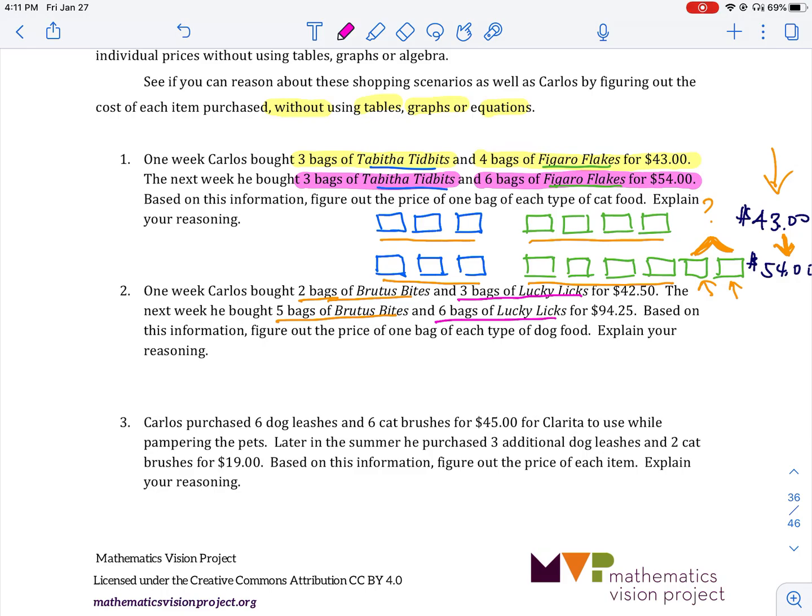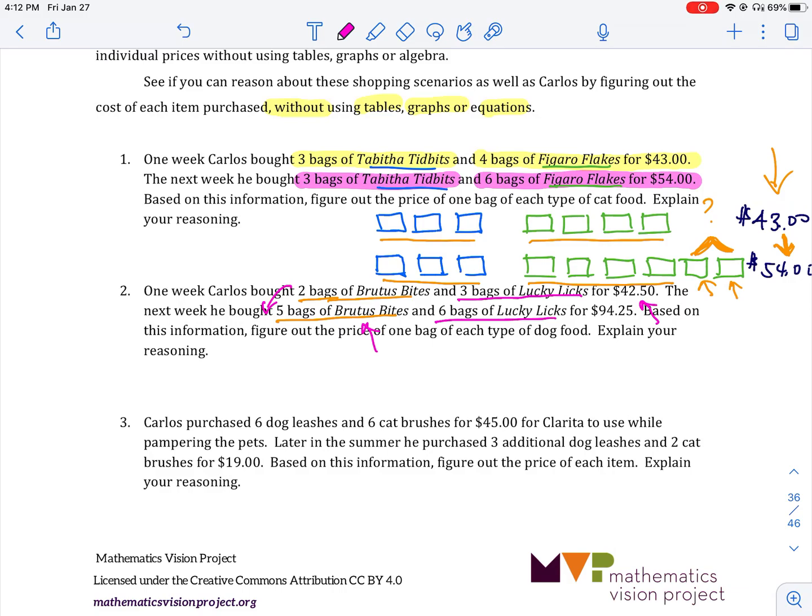So there's something you can do to compare these two pieces of information that allows you to actually calculate specifically a bag of Brutus Bites. You've got to think about what you can do with the information from number 1 to creatively figure out the bags of Brutus Bites. That's my hint on that one.